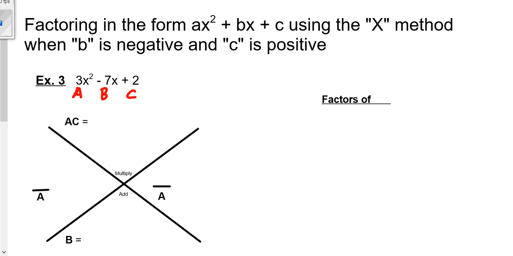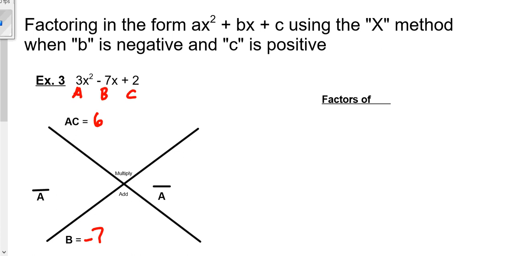So now we're going to do our AC, which is a times c. A times c here is 3 times 2, which is 6. And then we're going to identify our b, which is negative 7. The sign in front of it goes with it.